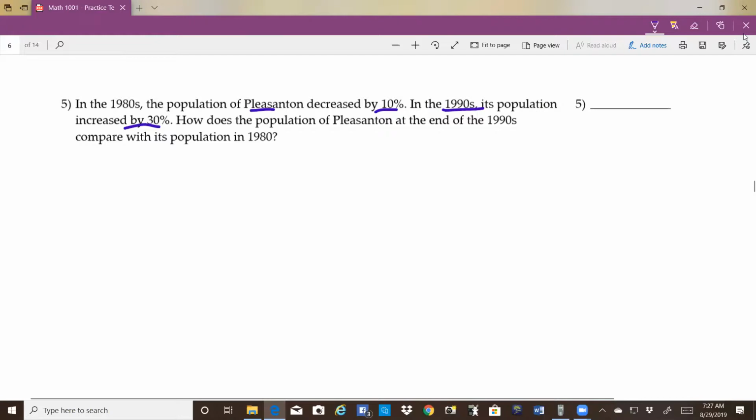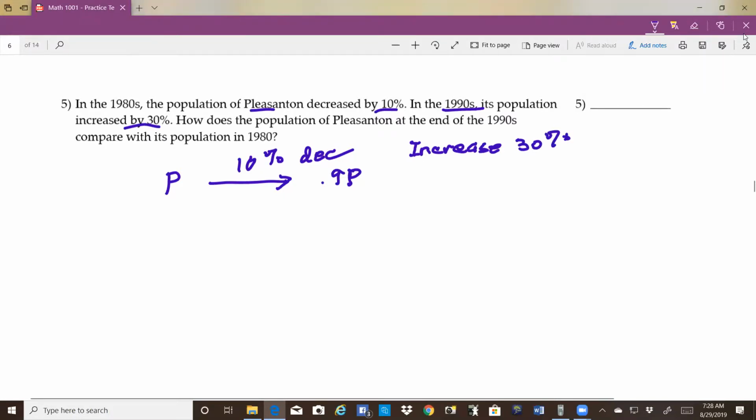Well, the population to start off with is say P, and after a 10% decrease, it's going to be 0.9P, and then an increase by 30%, it's going to be 0.9P times 1.3, which represents a 30% increase.